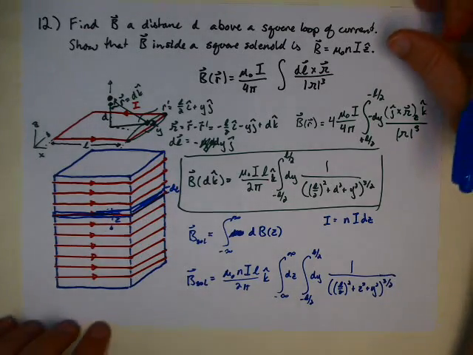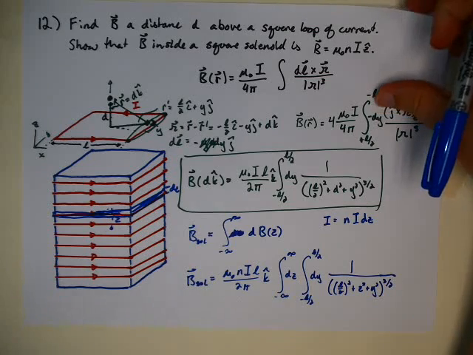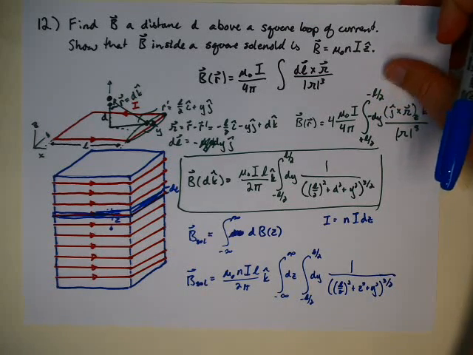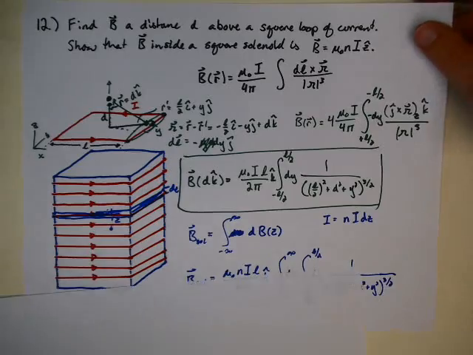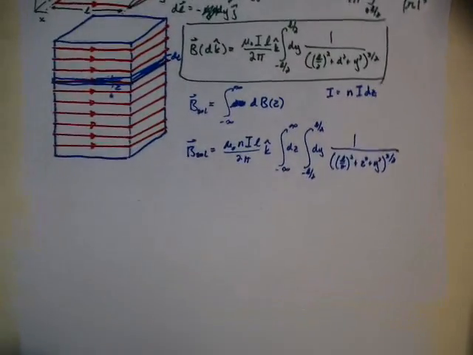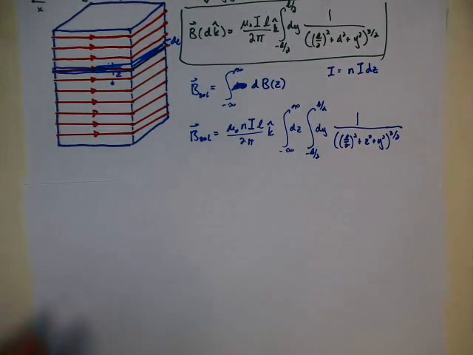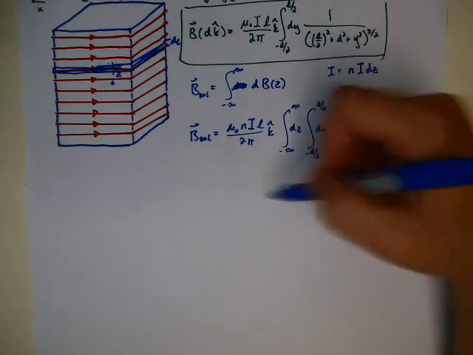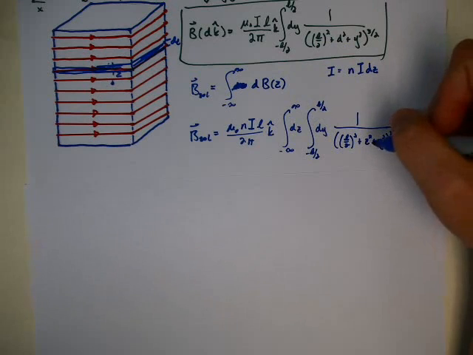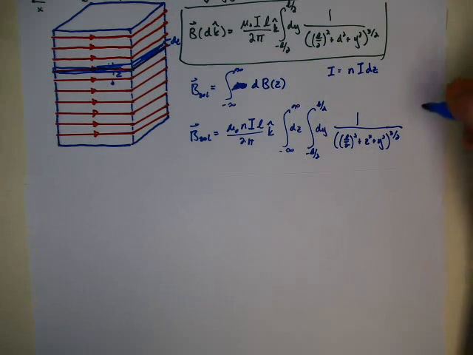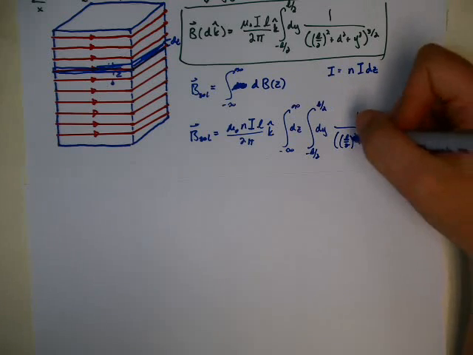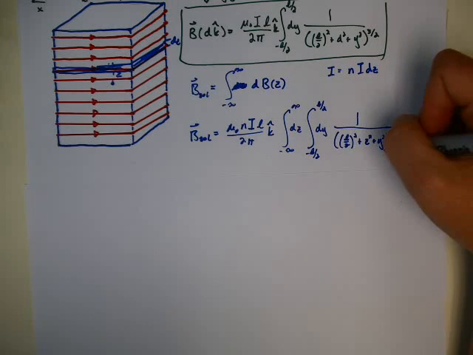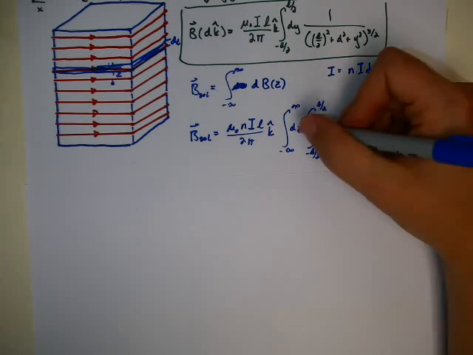So this is the expression that ideally I would like to evaluate, and that I ask you to evaluate. But here I'm going to make it a little bit simpler on us. I'm not going to find out exactly what it is. What I'm going to do is simply show that this whole expression should be independent of L. And to do that, all I'm going to do is factor L out of this and do a change in variables on z and y.